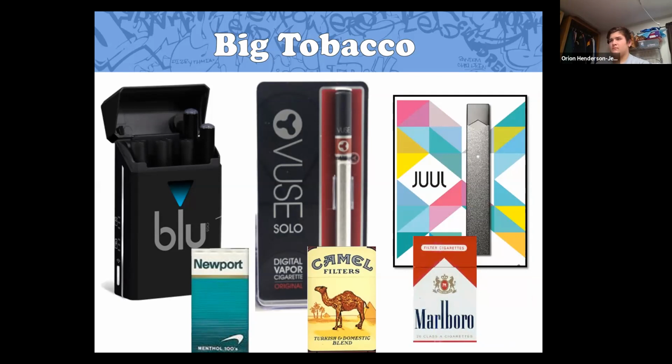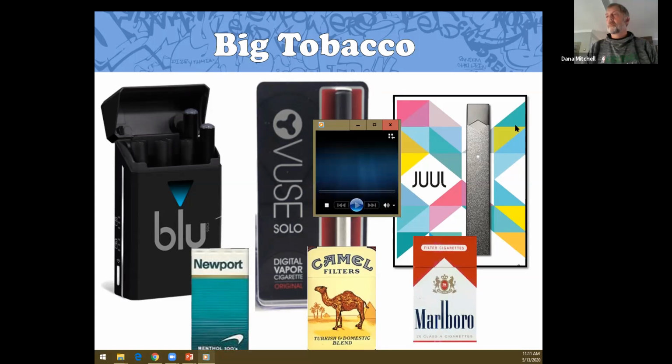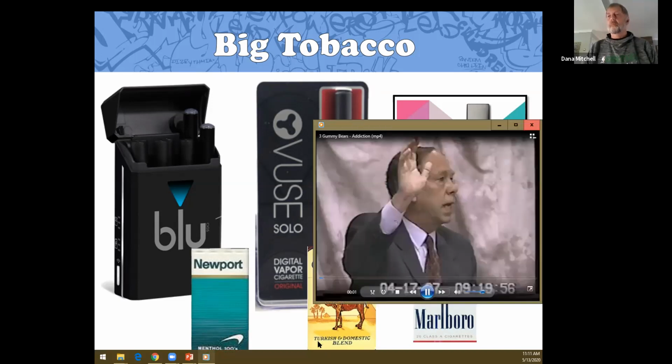Now, addiction and cigarettes are something that we kind of put together. We all know that nicotine and tobacco are addictive. But let's see what some big tobacco companies had to say about their products and addiction in the past. First, James Morgan, CEO of Philip Morris, maker of Marlboros.